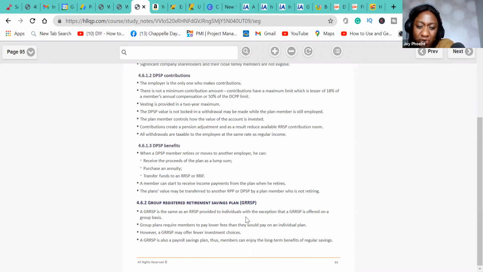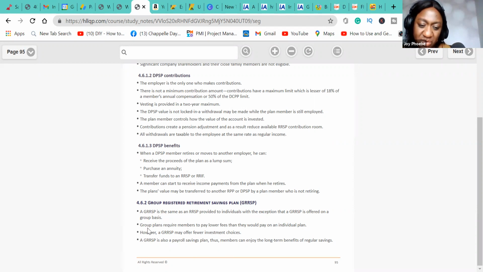Okay, group registered retirement savings plan, that is group RRSP. This can look like an individual RRSP, just that this one is in a group, right? A group RRSP is the same as an RRSP provided individually, with the exception that the group registered retirement savings plan is offered on a group basis.